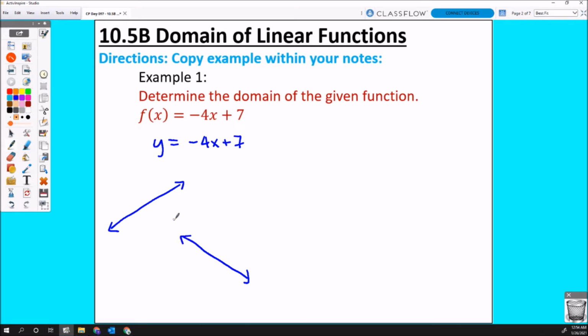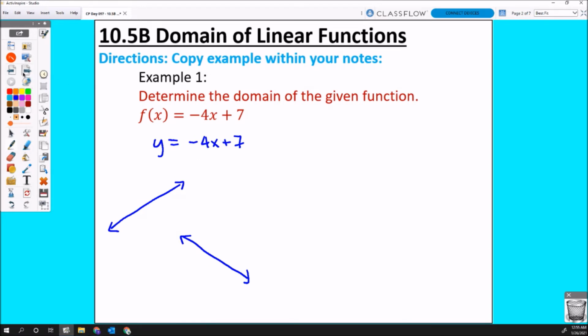So by the term that the graph is going to continue to the left and to the right, that means that it's going to cover all x values. So there's no specific or limited x values provided for this linear function. That means that you could basically use all x values within this linear function.